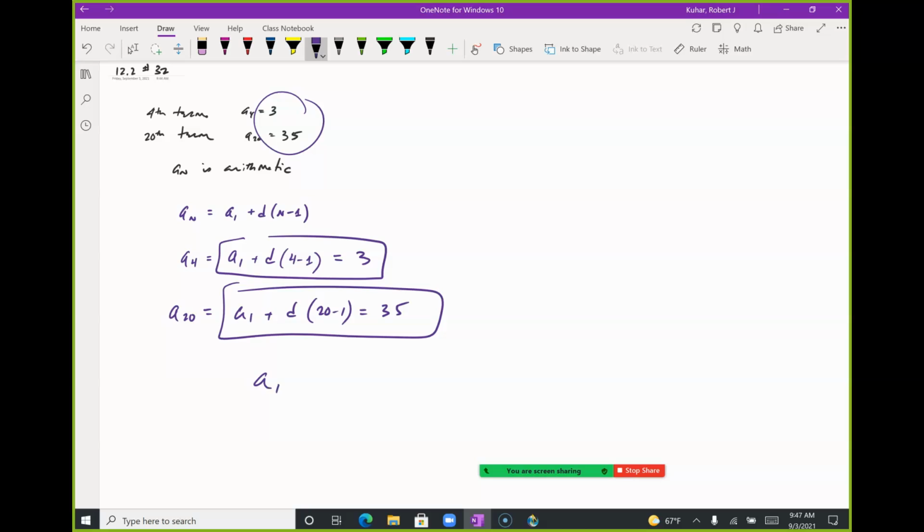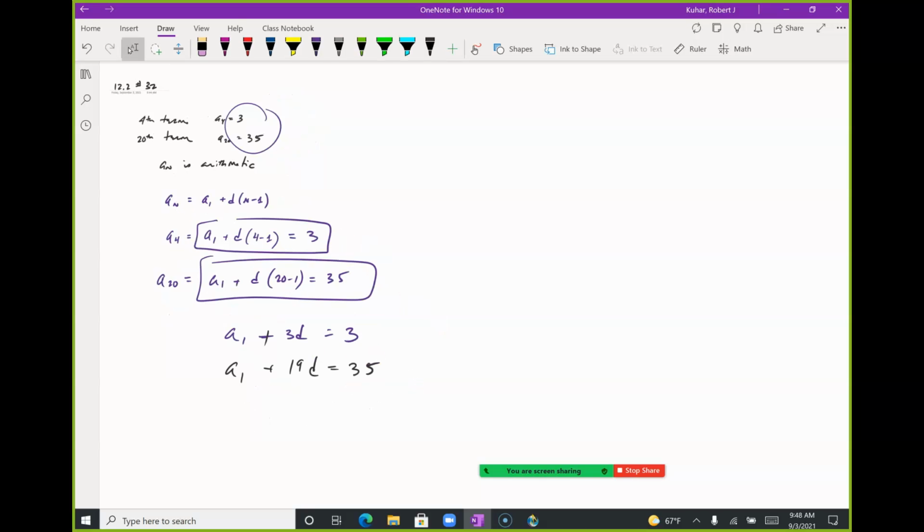I've got a sub 1 plus 3d equals 3. Everybody with me here? And you're going, well, how was I supposed to know how to do this, Robert? And I'm saying, well, I'm doing it now. You're supposed to know, right? And then I also know that a sub 1 plus 19d equals 35, right? So here's my system of equations, simplified a little bit.